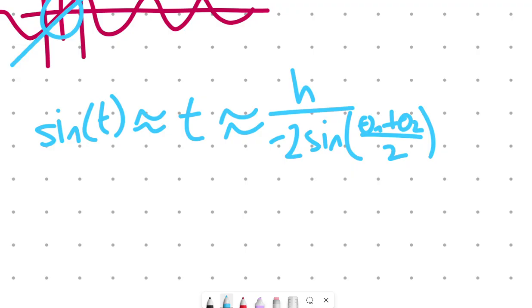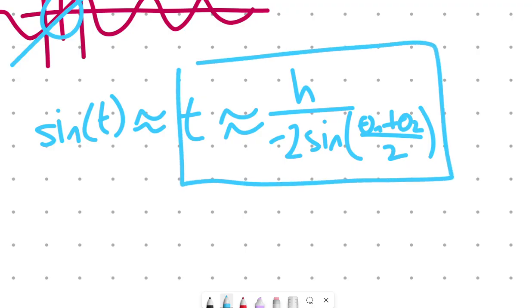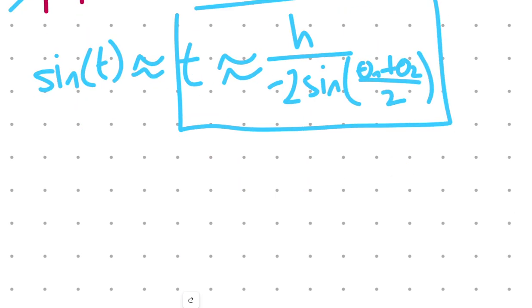Since we have this, we can let it be equal for very small values of t, since h is approaching 0. When h approaches 0, this also approaches 0, and this will also have to approach 0, because this is approximately equal, which means for small values of t, this approximation is valid, so we can use it in our limit.